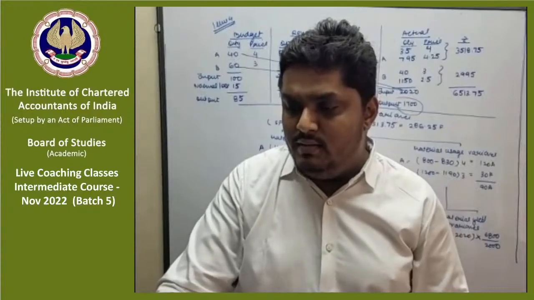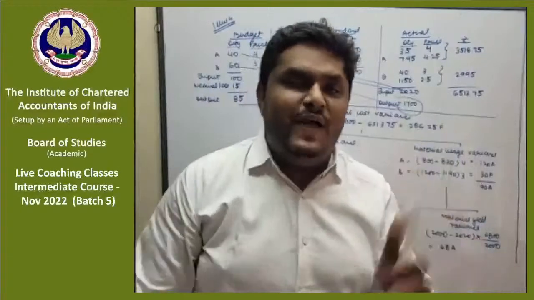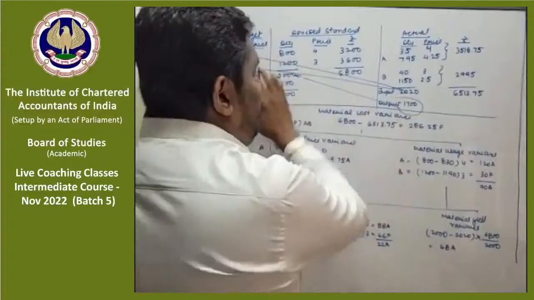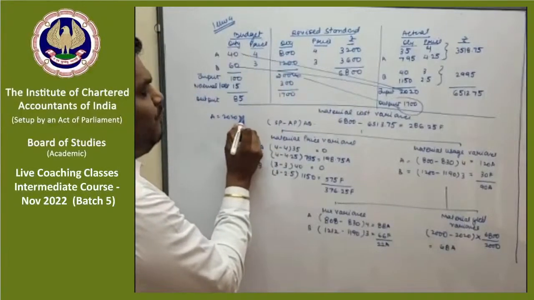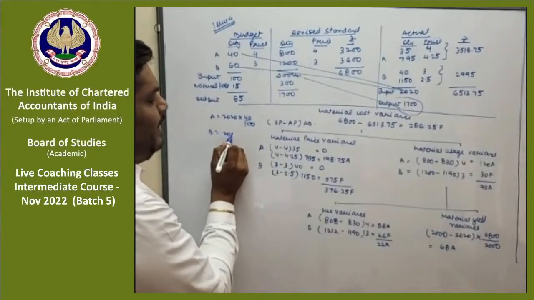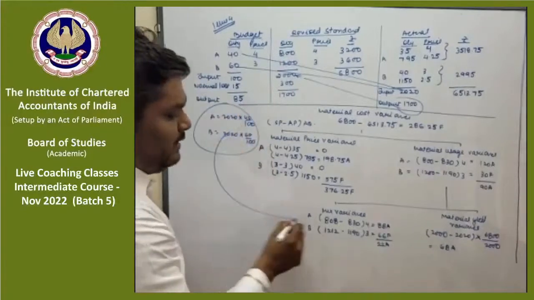No worries. Anyone else having any doubts? As far as mix is concerned, 2020 should be in the ratio of 40:60. So for A, 2020 into 40 by 100. And for B, 2020 into 60 by 100. This is how we will get the mix.